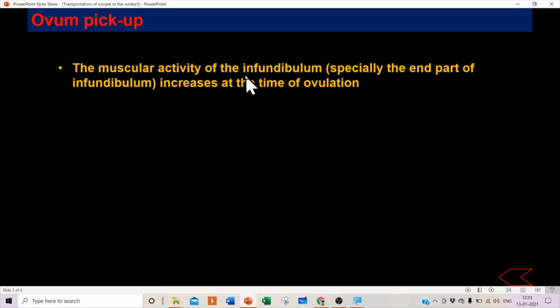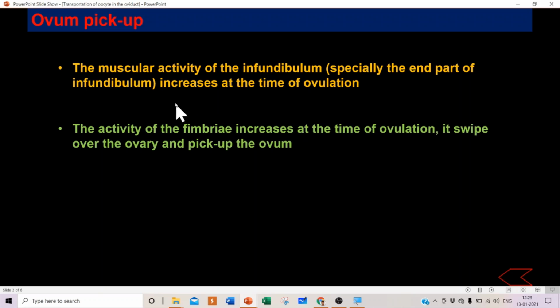The muscular activity of the infundibulum, especially the end part of the infundibulum, increases at the time of ovulation. The end part of the infundibulum is funnel-shaped and has fimbriae. Even the activity of the fimbriae increases at the time of ovulation, and they sweep over the ovary to pick up the ovum as soon as it ovulates.